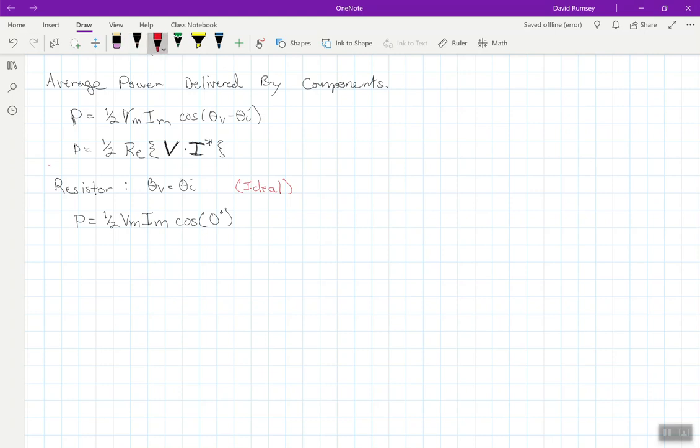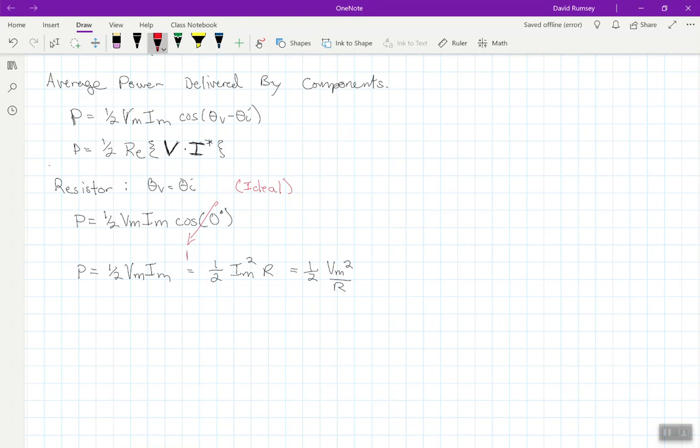But cosine of 0 degrees is simply just 1. So for a resistor, power actually just boils down to 1/2 Vm Im, which we could rewrite as 1/2 Im squared R, or 1/2 Vm squared divided by R.